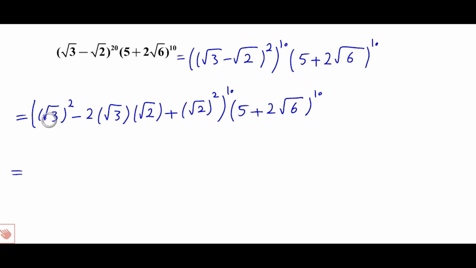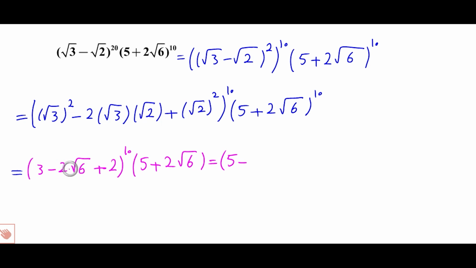So we have the square root of 3 squared is equal to 3, minus 2 times the square root of 3 times the square root of 2, which is equal to the square root of 6, plus the square root of 2 whole squared, is equal to 3 plus 2 is 5 minus 2 times the square root of 6, whole to the power of 10.